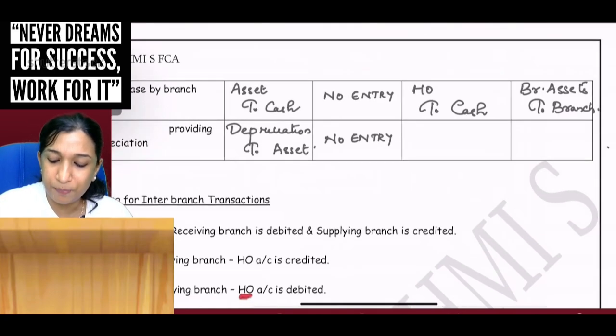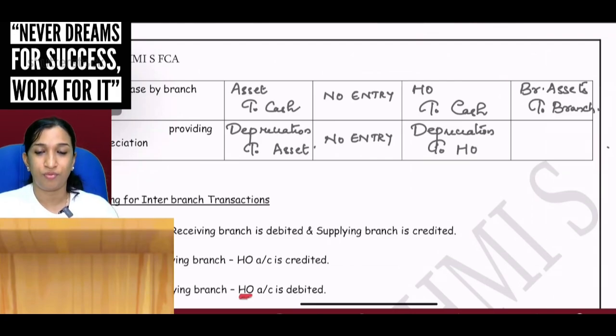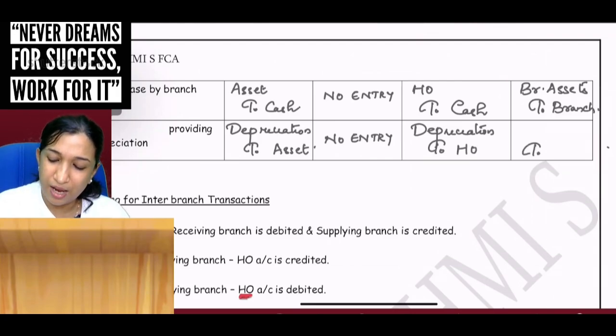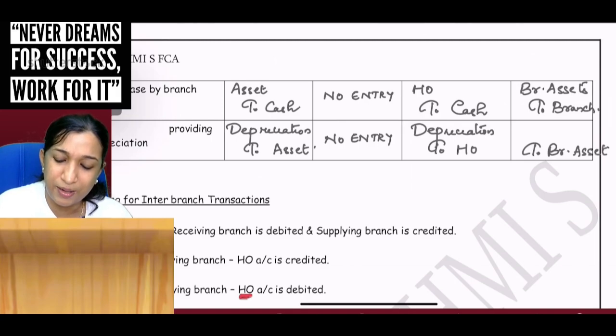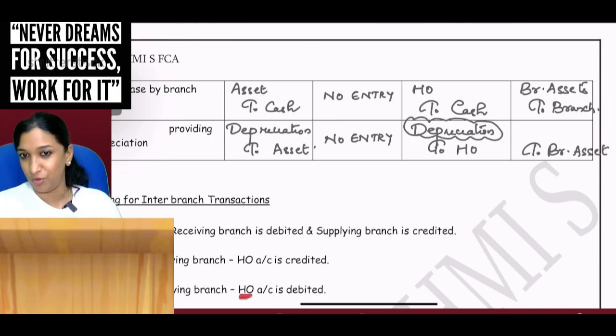Okay, on providing depreciation, it should be depreciation to asset, but asset is not maintained by us. So depreciation to HO. Here branch asset balance should reduce, but depreciation is an expense of branch. Depreciation should come in branch books.